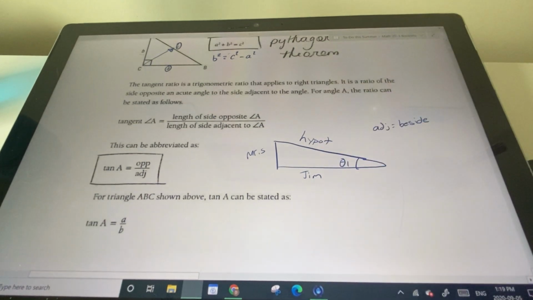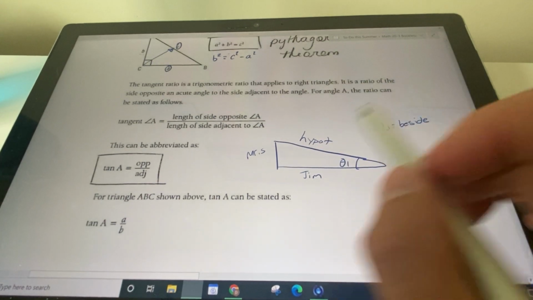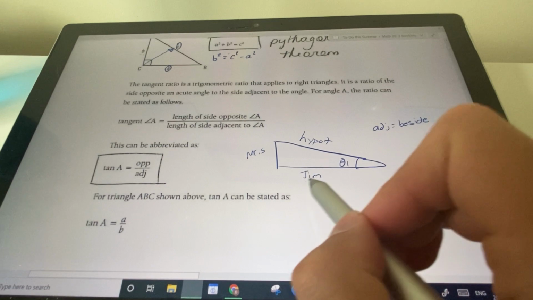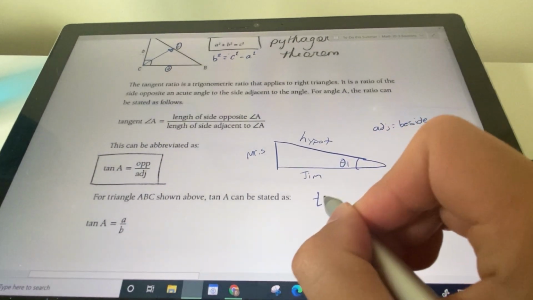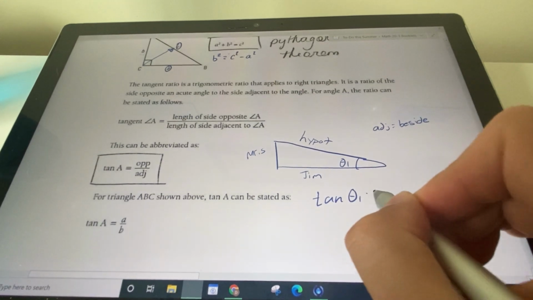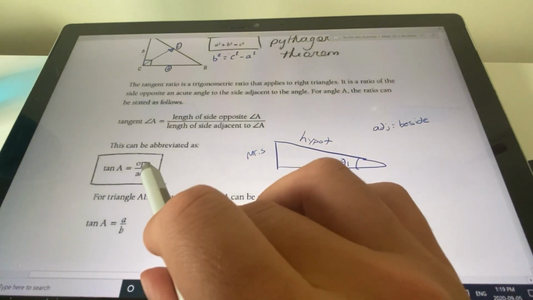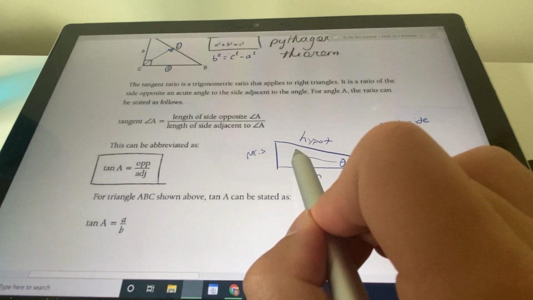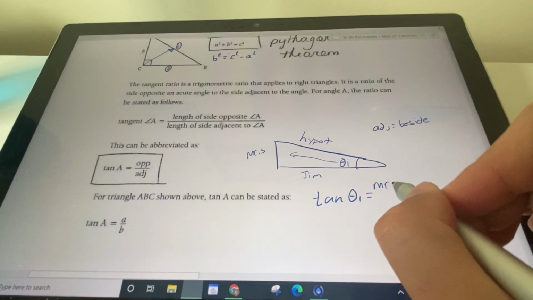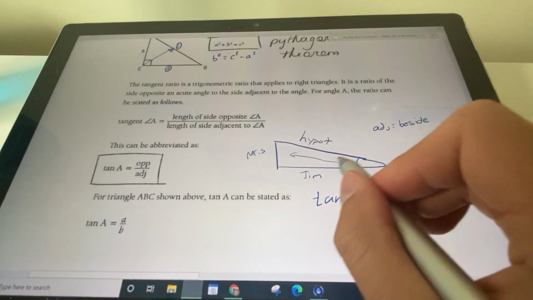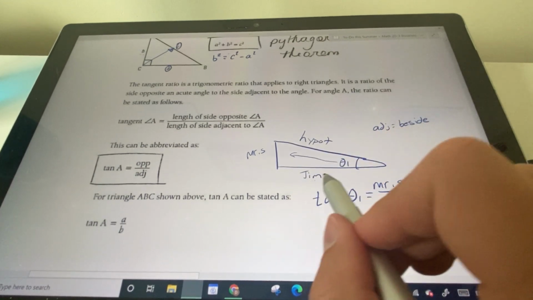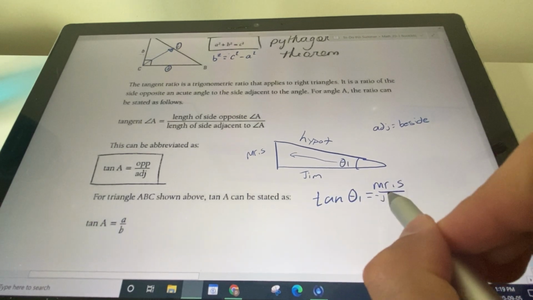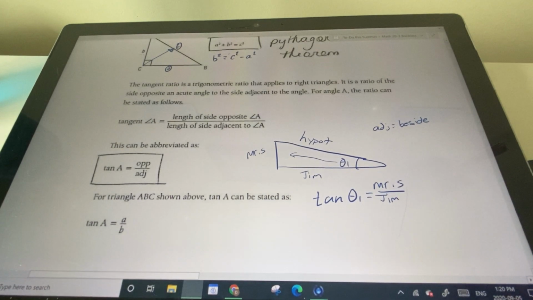This is the only name it can be given, okay? So that means Jim is automatically the one adjacent to angle 1. So if we were to set this up, tan angle 1 equals the opposite side length, Mr. S, over the adjacent side length, which would have to be Jim because this is the hypotenuse. So that would be your tan angle ratio, okay?